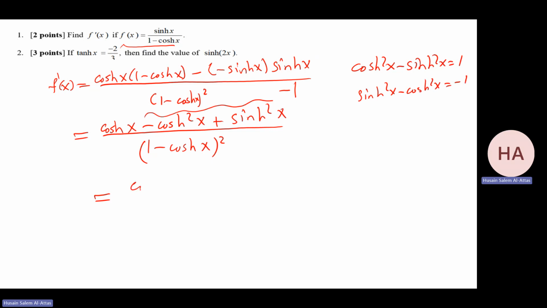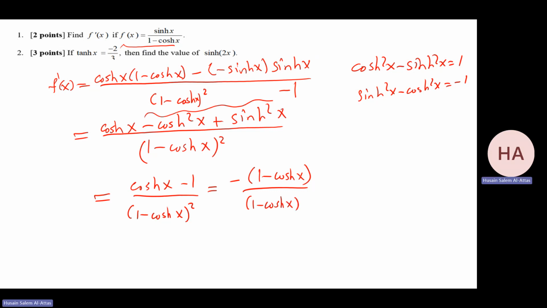So I have cosine hyperbolic minus 1 over this, which can be written as minus 1 minus cosine hyperbolic x over this one, provided cosine hyperbolic not equal to 1, so x not equal to 0, that will be cancelled. So I have minus 1 over 1 minus cosine hyperbolic x.